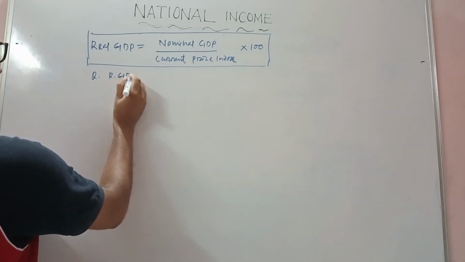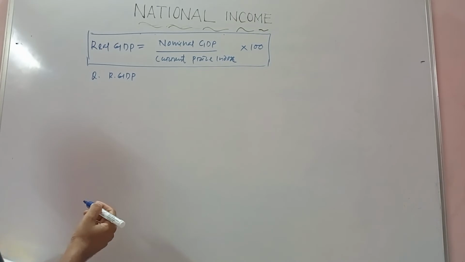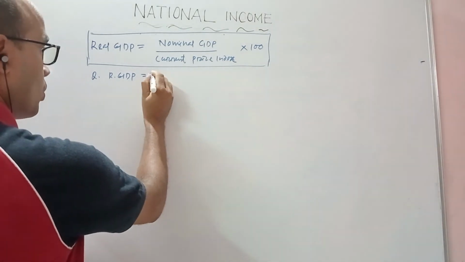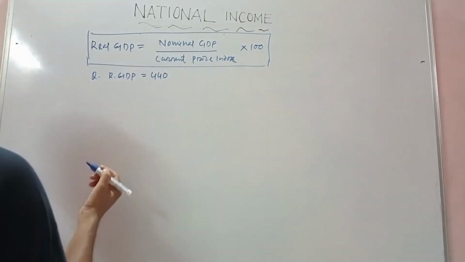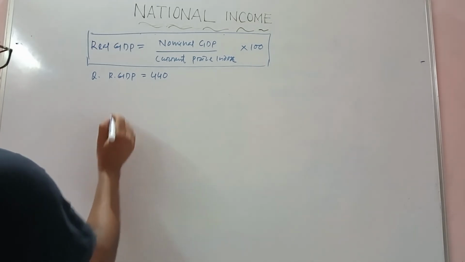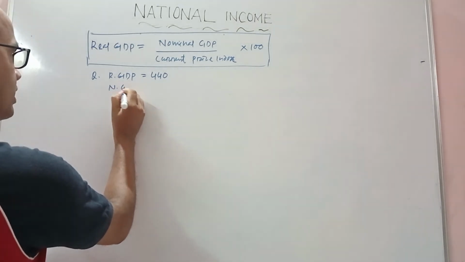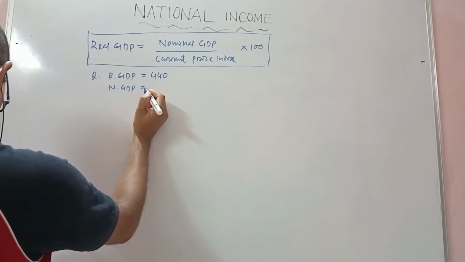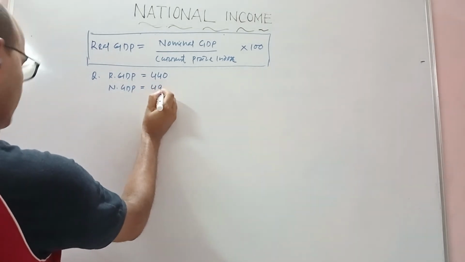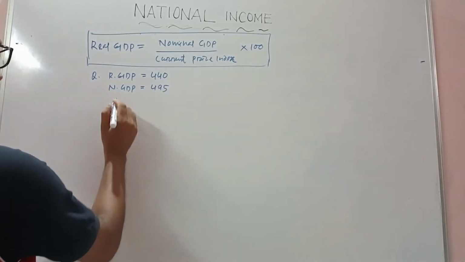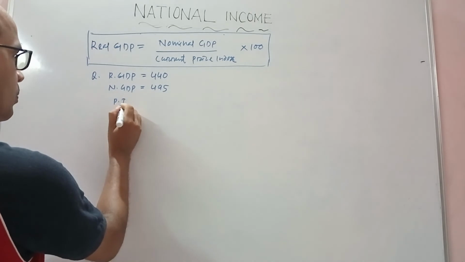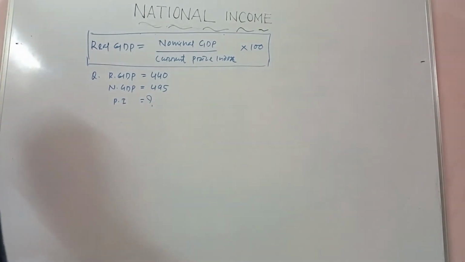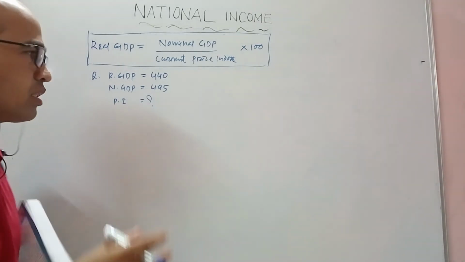A real GDP is given: 440. After that, your nominal GDP is given: 495. After that, you calculate what is the value of price index. Okay? So this is the question.